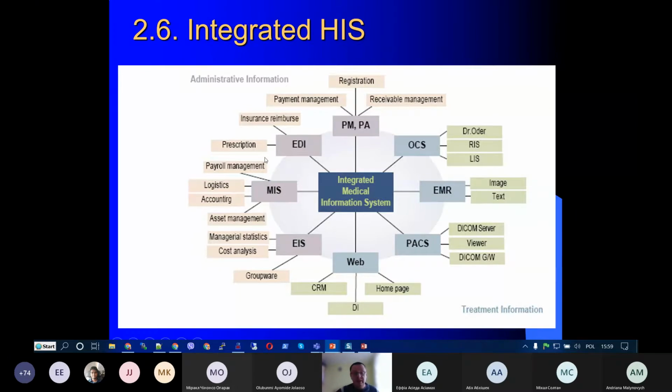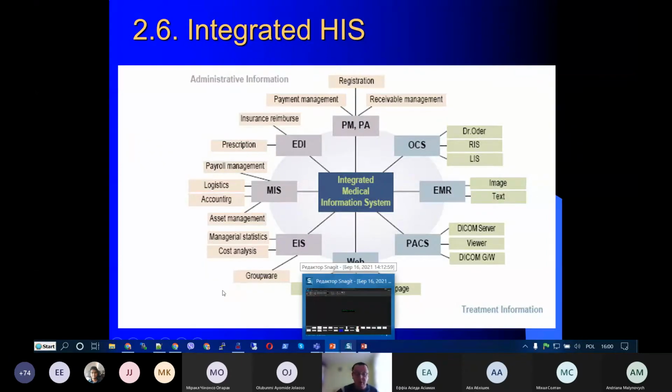But what is interesting here is an additional block labeled MIS, which in this case means not medical information system but management information system. So the management information system has to be part of the integrated hospital information system.